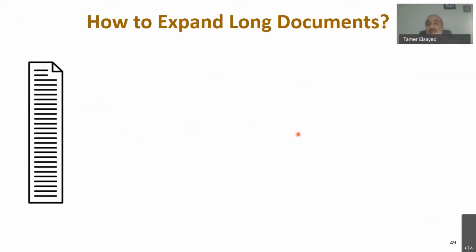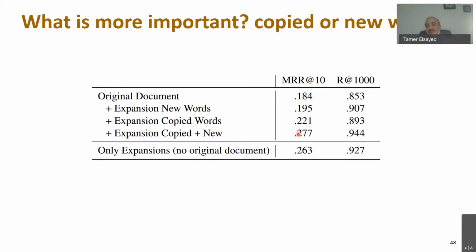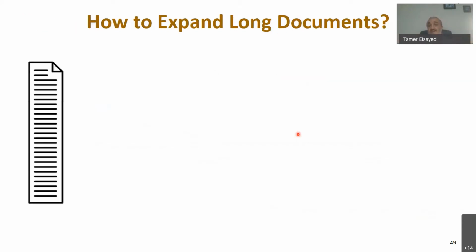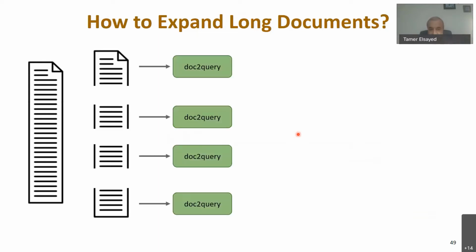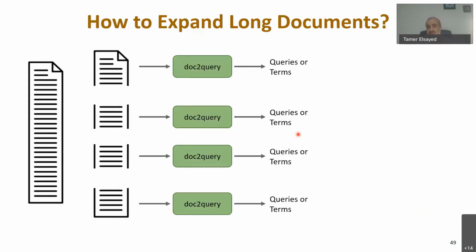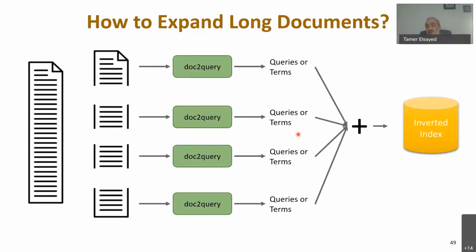Now, how to expand long documents. Remember, we use the transformer for expansion. Doc2query is a transformer-based expansion, which still has the same limitation of BERT. So if I have a long document, what should I do? Chunk it, apply each chunk on doc2query, then get the terms for that, then add them all to the document.